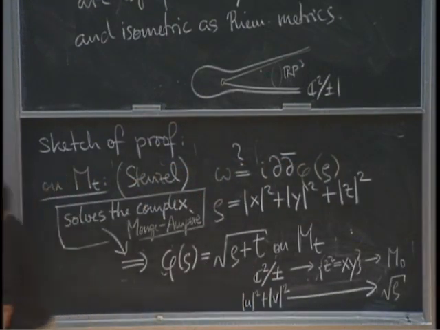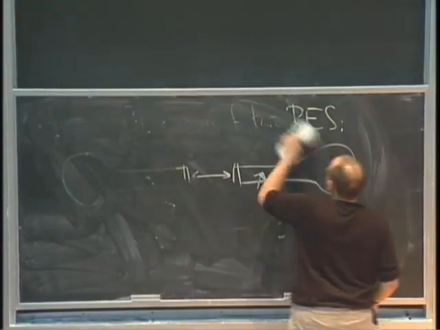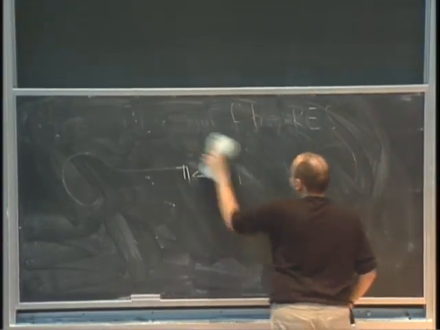And then on this other guy, on this blow up, on the cotangent bundle of P1, you can do a similar thing. But the formulas are going to be much more complicated, and there's a reason for that.